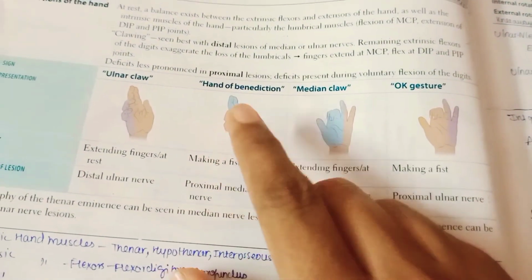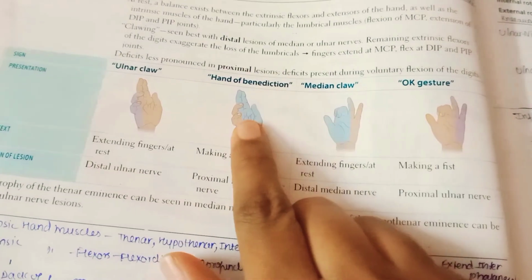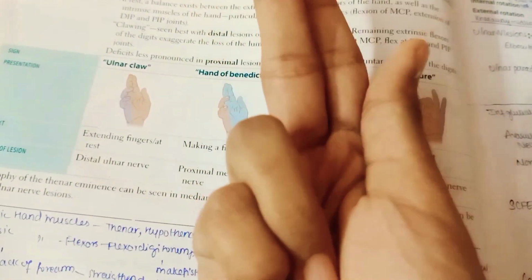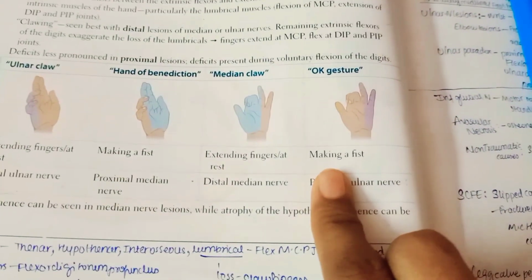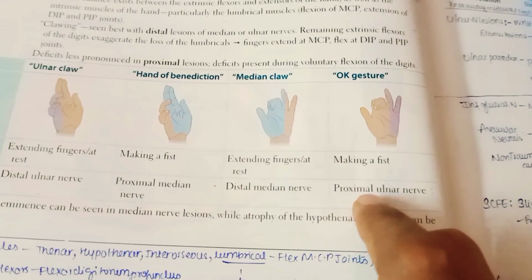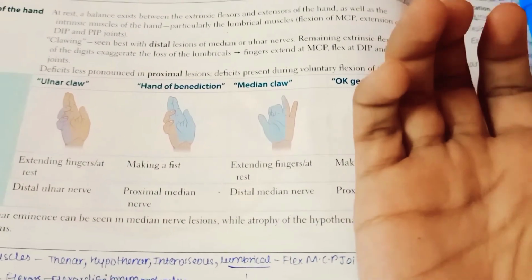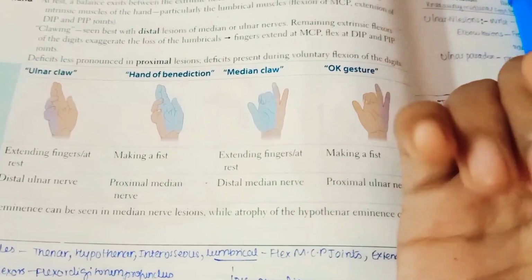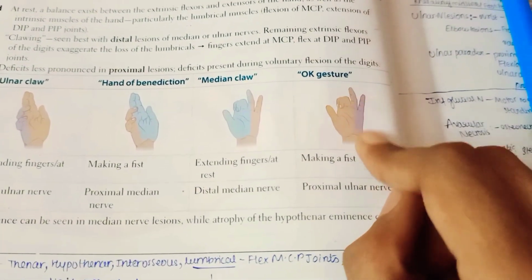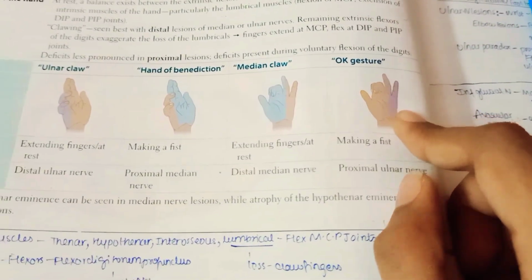So here the problem is in the median nerve, a proximal median nerve problem. In a proximal median nerve problem, you are not able to make a fist with the median side fingers. In the OK gesture, there's a problem in the proximal ulnar nerve. So if you want to make a fist but these two fingers are not closing, it is because there's a problem in the ulnar nerve.